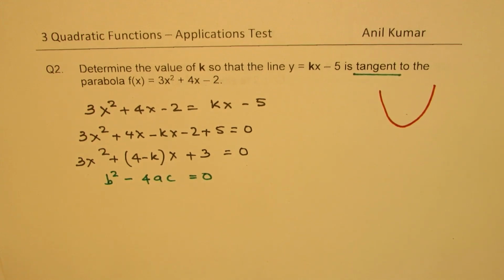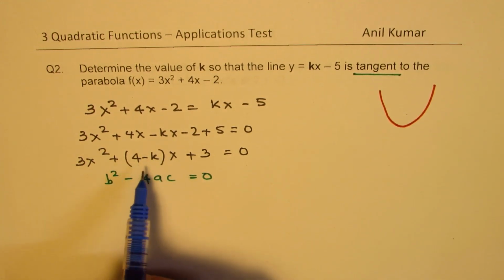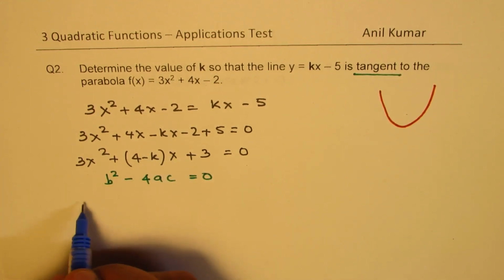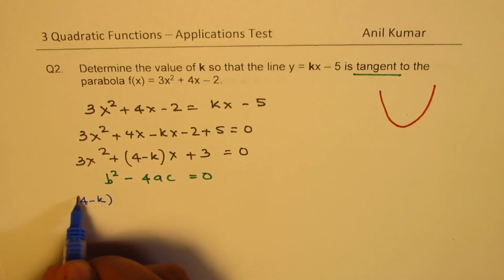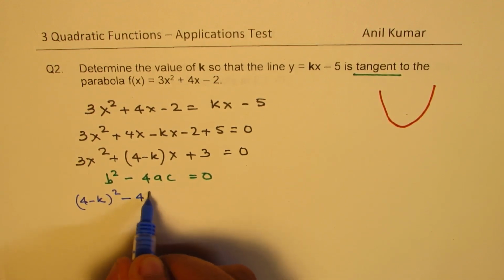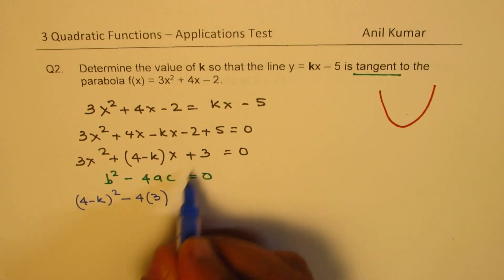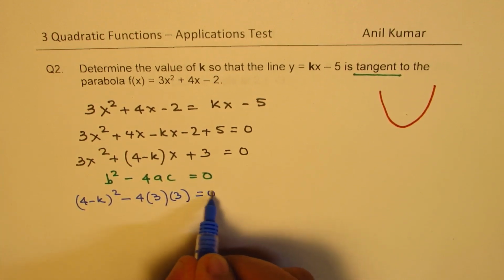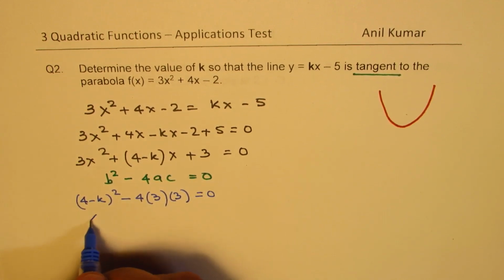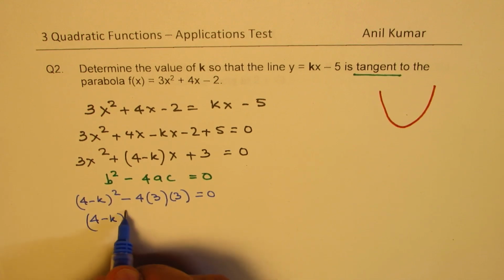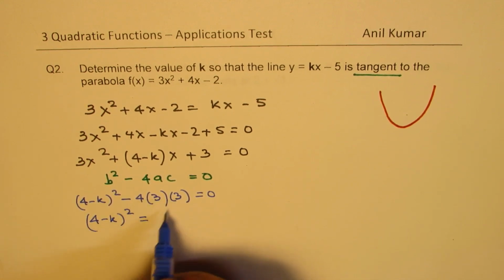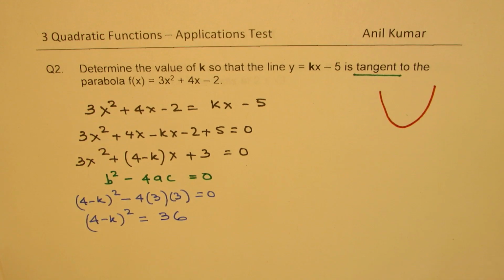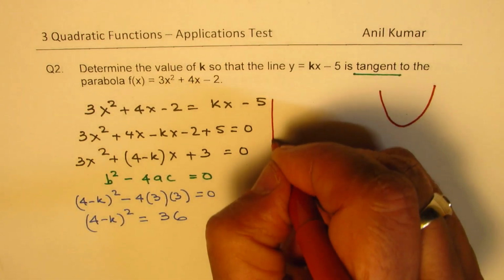In this case, b is 4 minus k. Remember that, that is the coefficient of x. So we have (4 minus k) whole square minus 4 times 3 times 3 equal to 0. Correct? So (4 minus k) whole square is equal to 36.